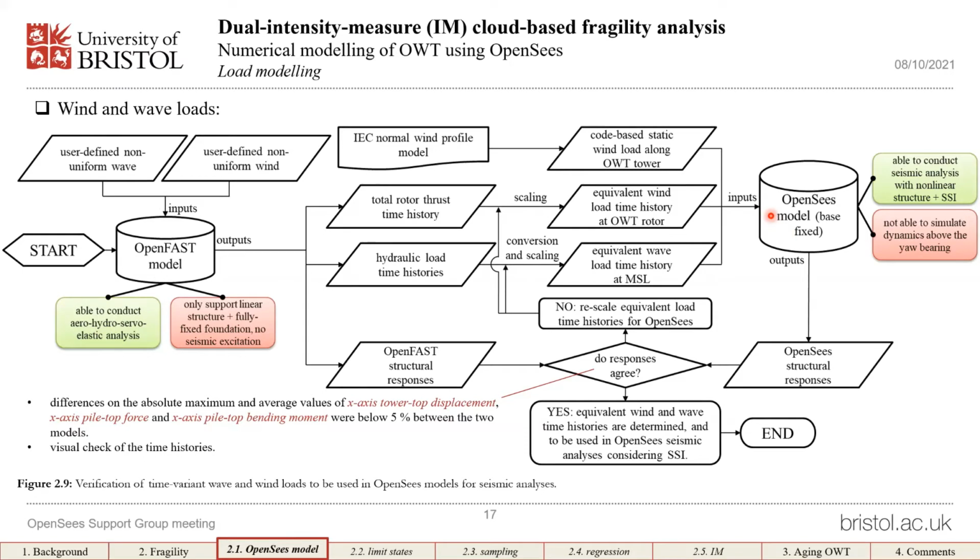After that, the responses from the OpenSees model were compared against those obtained from the OpenFAST model through this iterative process. Finally, once the responses from the 2 different models agreed, the time histories used for the last OpenSees model were considered ready for the upcoming fragility analysis.